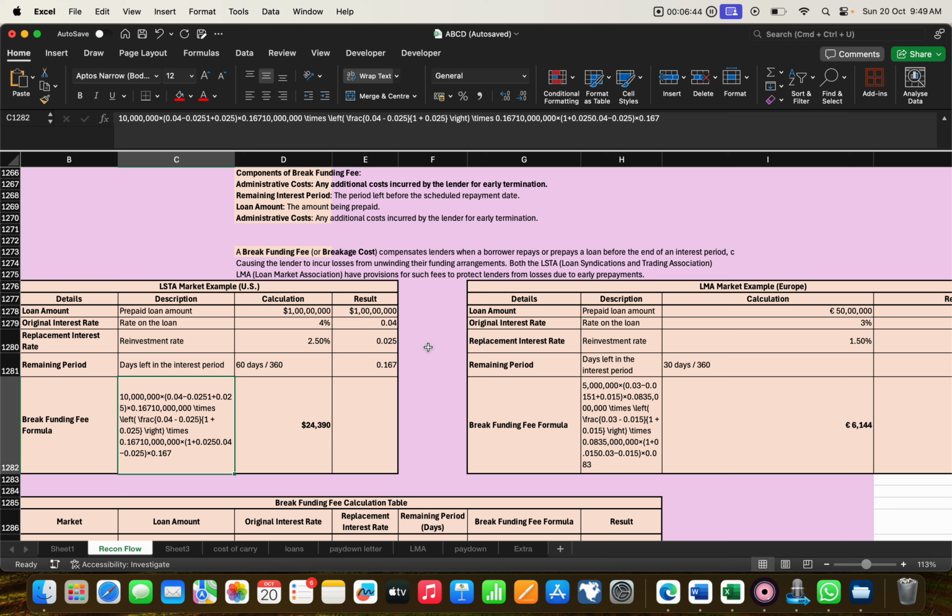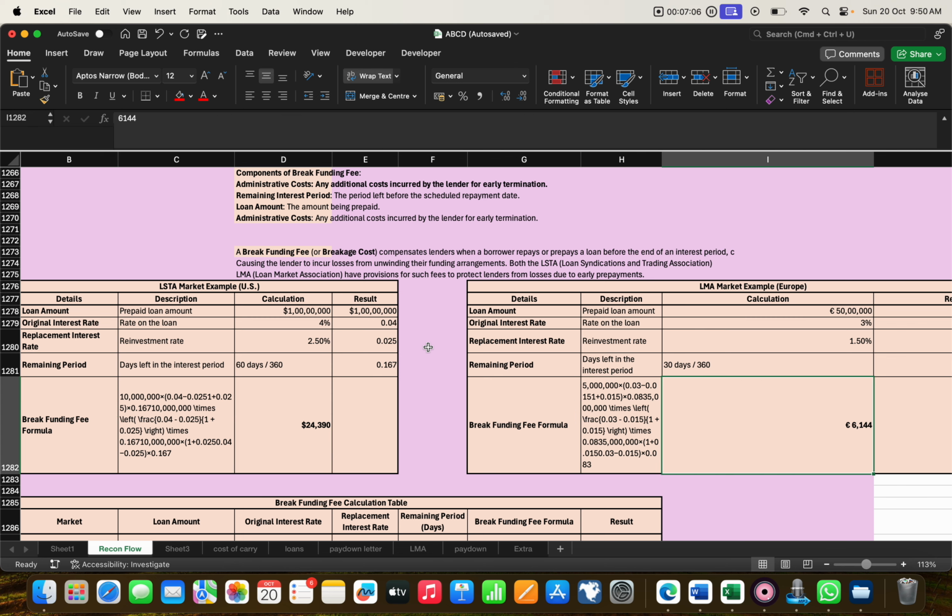Now the interest rate changed to 0.025, multiplied by the number of days, into the replacement rate plus 1, and then it gets calculated as 24,000.